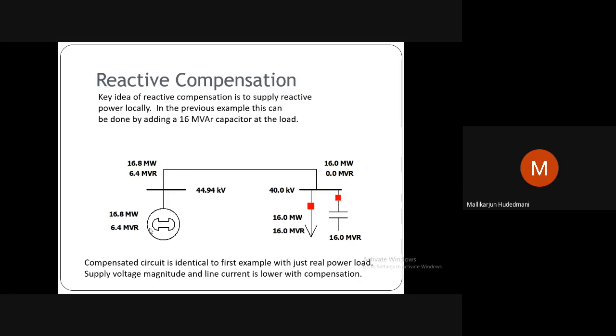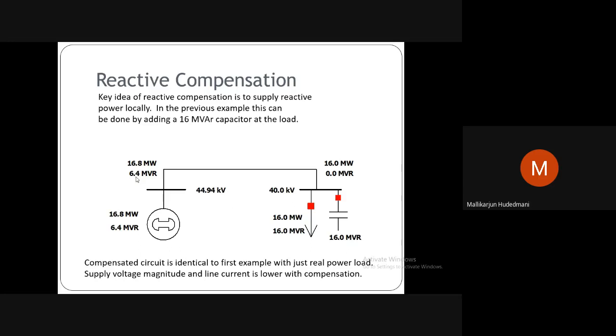It means this would have taken care of the reactive power drop and the reactive power requirement of the load as well, 16 plus 6.4 MVAR. That would be a tremendous task for the generator, to meet the requirement of a remote load via the transmission line while encountering reactive drop across the line.